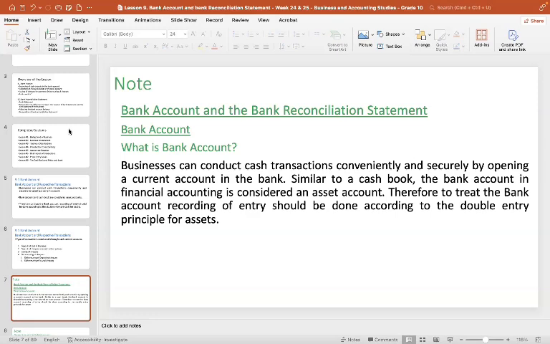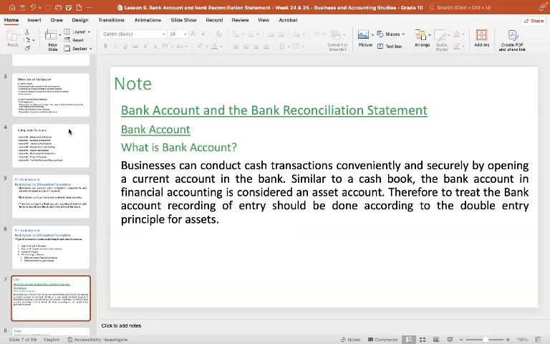And under that, put a subheading bank account, and then write a question-like heading: what is bank account? Okay. Business can conduct cash transactions conveniently and securely by opening a current account in the bank. Similar to a cash book, the bank account in financial accounting is considered an asset account.